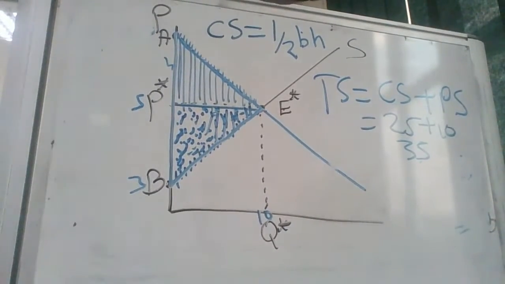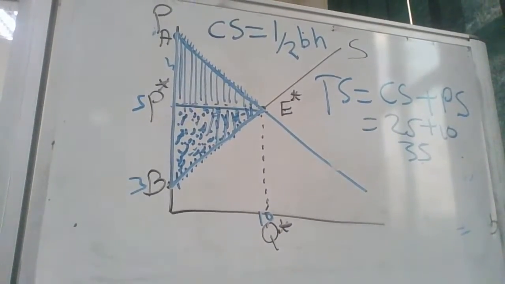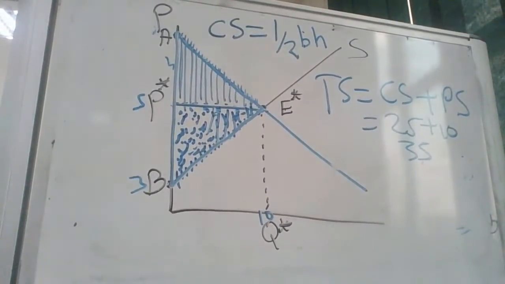Okay, for now, we'll end here. We'll resume again on Monday, where we'll now look at the effect of government intervention. And we're going to use equations again to first find the consumer surplus and the producer surplus, then find the total surplus, and then move on to find the effect of the government using the equations.